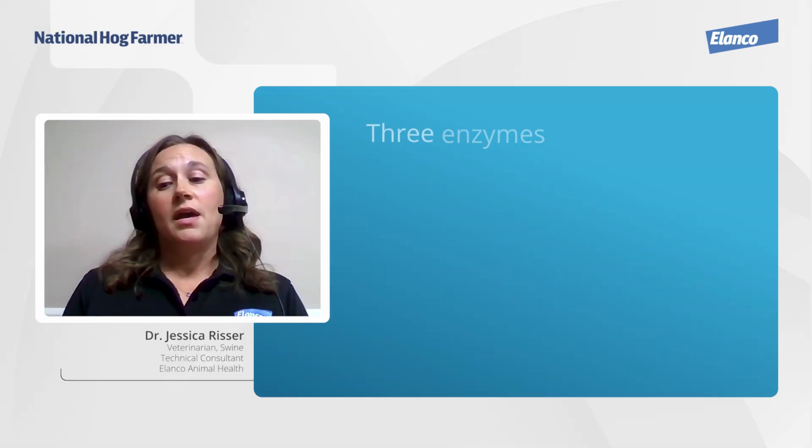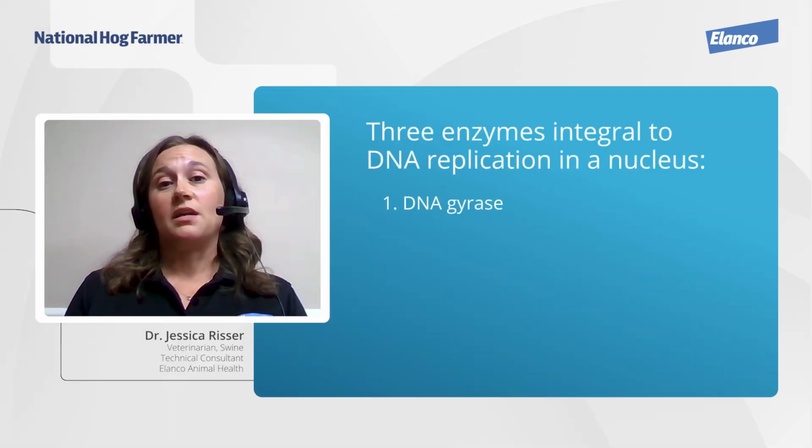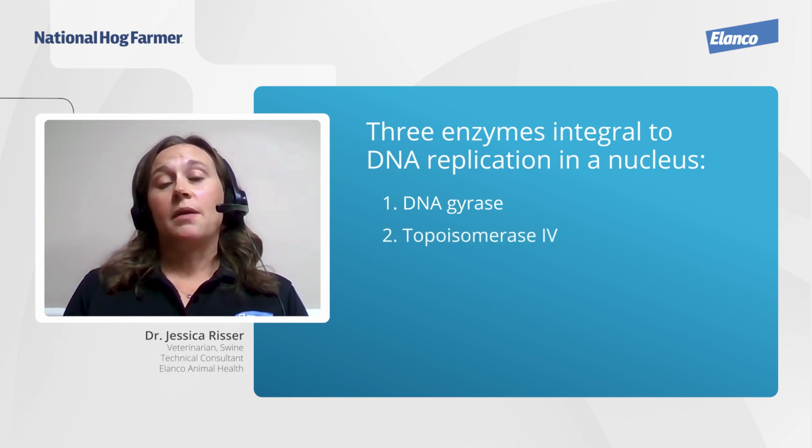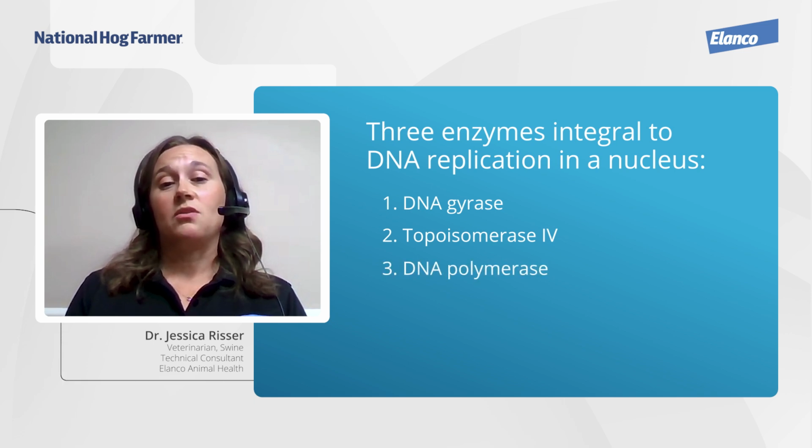That DNA replication process usually involves three enzymes. I'll just walk through that real quick here. It usually starts with DNA gyrase, uncleaving and unfolding the DNA, then topoisomerase 4 coming along and separating the two strands of DNA, and lastly, DNA polymerase coming along and completing the replication. And once there's two sets of DNA, then the bacteria can divide and reproduce itself. Typically, other fluoroquinolones would bind to DNA gyrase, which is an important enzyme in gram-negative bacteria.